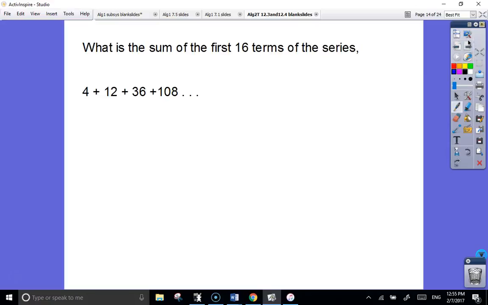So what is the sum of the first 16 terms of this series? Again, let me write down our formula. Sn equals a1 times 1 minus r to the n divided by 1 minus r. Okay, so let's see, a1, and r.